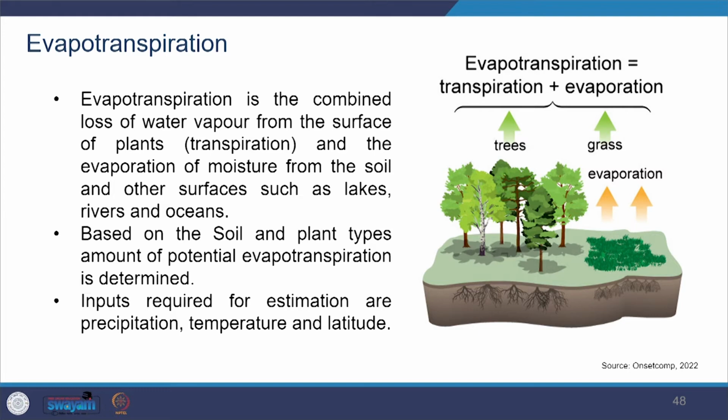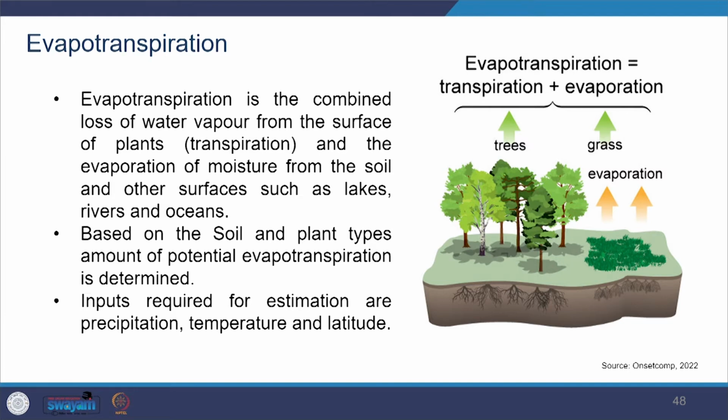Based on the soil and plant types, the amount of potential evapotranspiration is determined. So, you can estimate that. There are methods for estimating actual evapotranspiration, with inputs required for estimation. We see precipitation, temperature and latitude are key for the purpose.